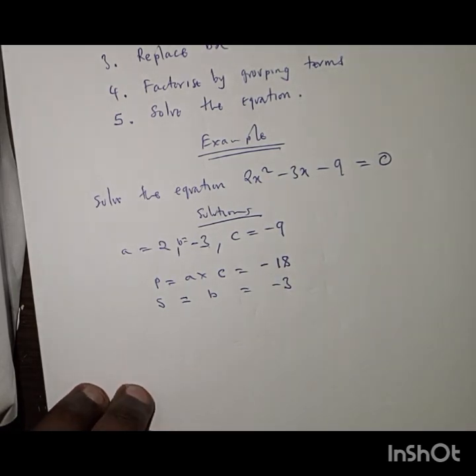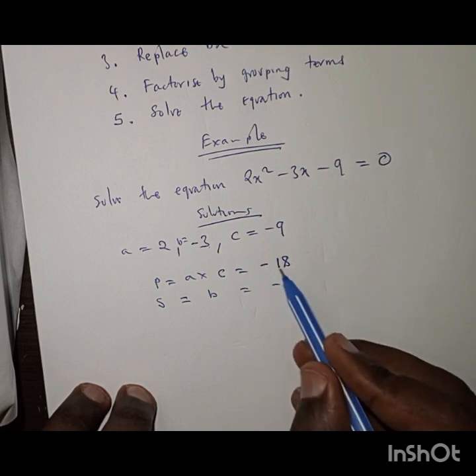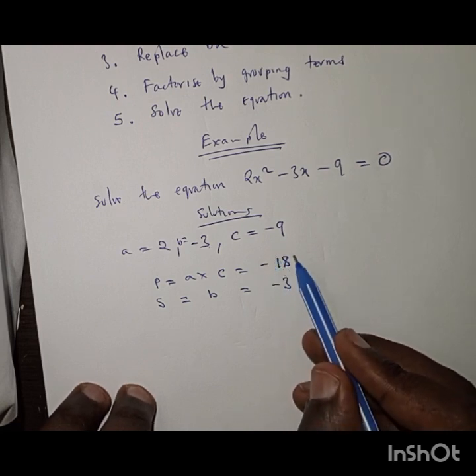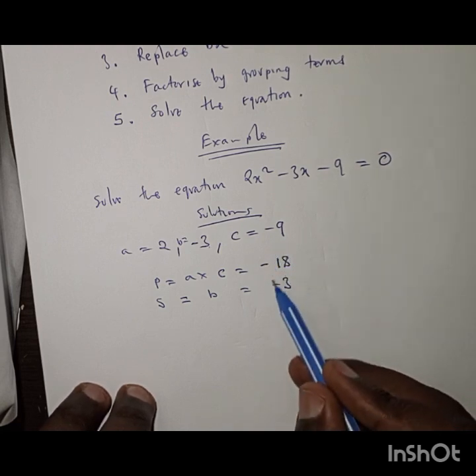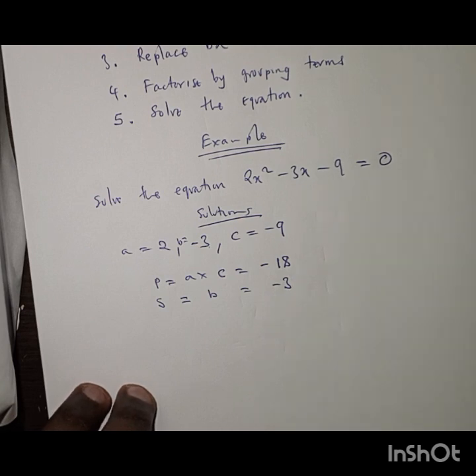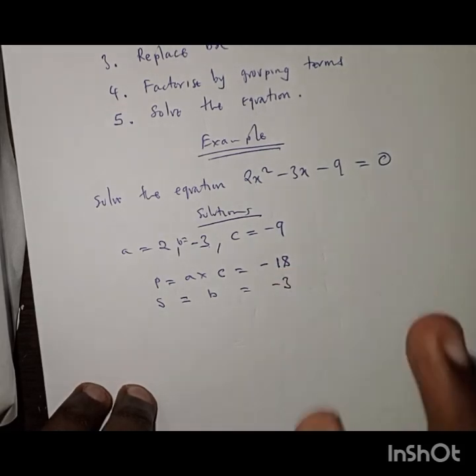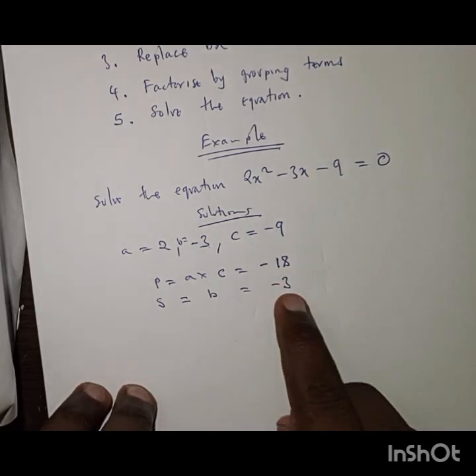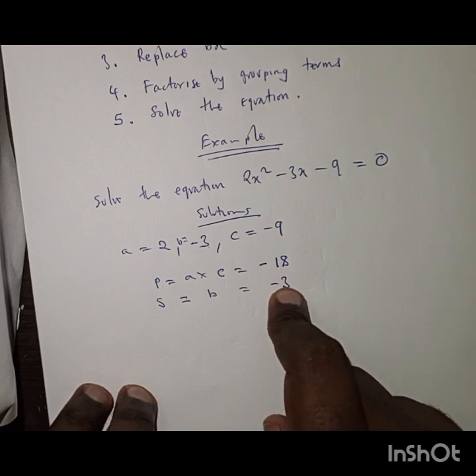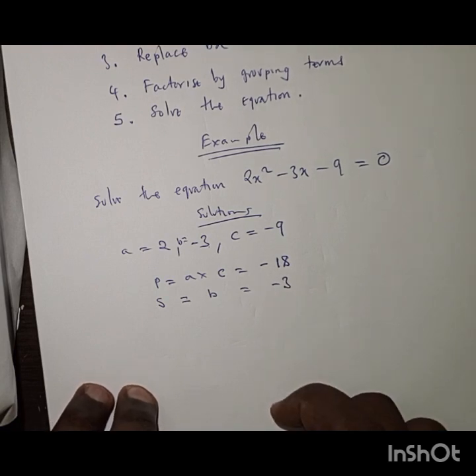According to step 2, we are going to find the 2 factors of AC. AC is -18. 2 factors of -18 whose sum is -3. These numbers, when you multiply them, should give you -18, and when you add them, they should give you -3.